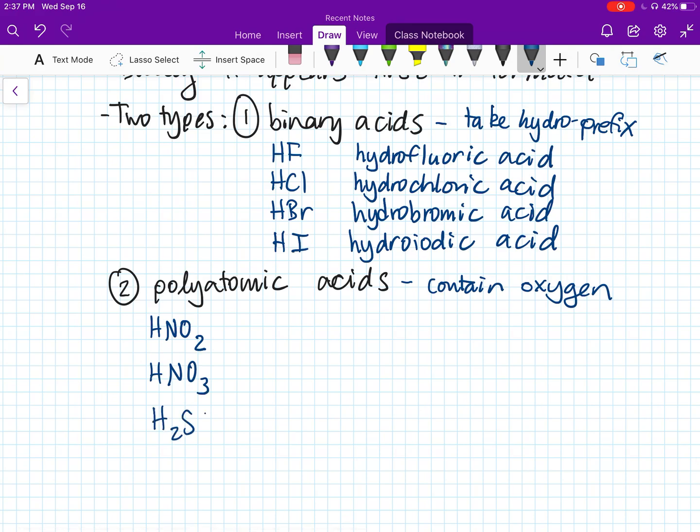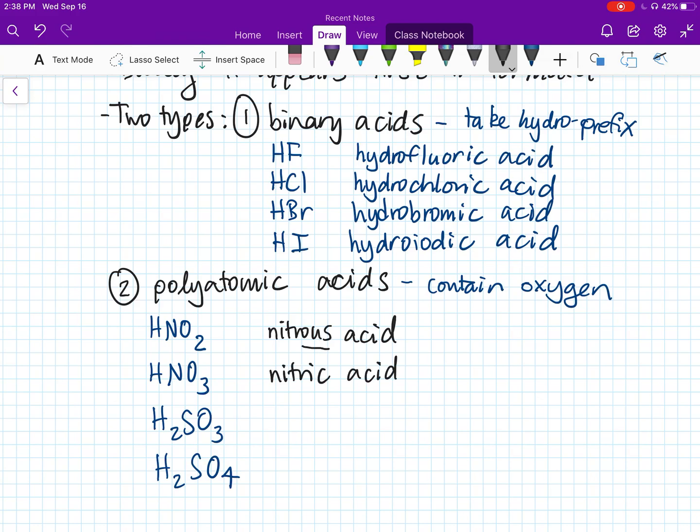We also have H2SO3 and H2SO4. So you can see a pattern in their names. This one is nitrous acid, and this is nitric acid.